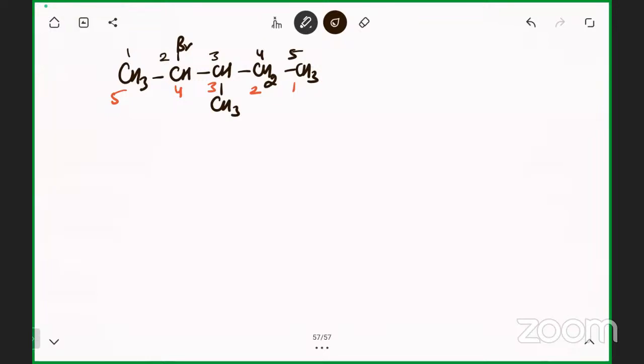Sum, sir. 2 plus 3 is 5 and 4 plus 3 is 7. Very nice. What's your name? Vignesh, sir. Very good, Vignesh. So that is the minimum set of locant rule I told you. So what is the name? 2 bromo. We will consider the black one. This red one will be wrong. Okay, 2 bromo, then 3 methyl, pentane. Pentane, sir. Very good.